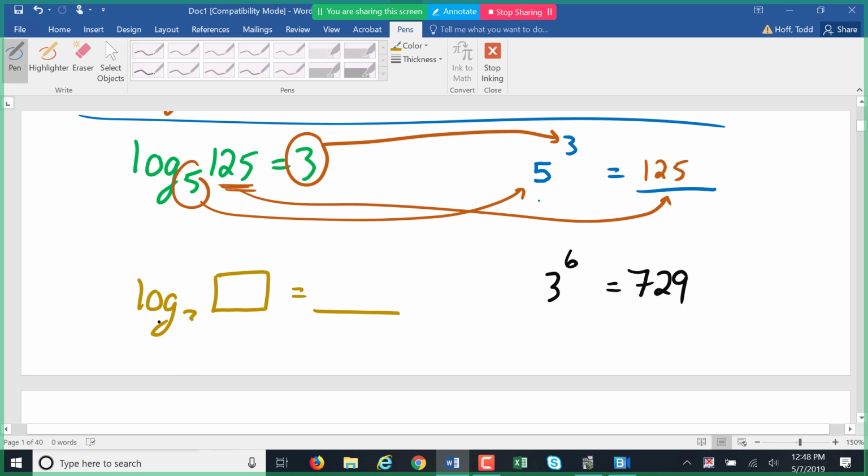The 3, very good. The base of the exponent is the base of the log. What's the object of my log going to be? The 729. The result of the exponential is the object of the log. And of course, over here would be the 6. The power becomes the result of the log.